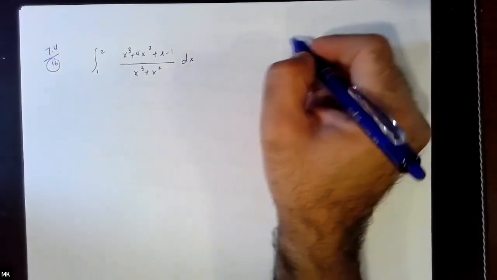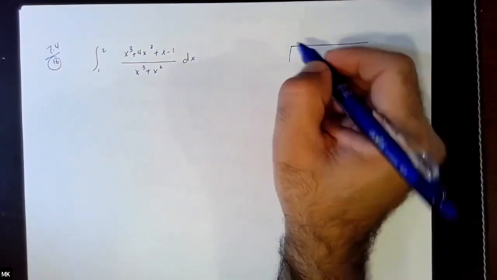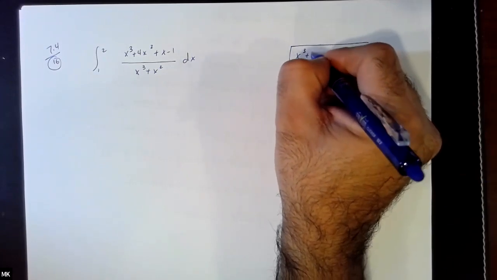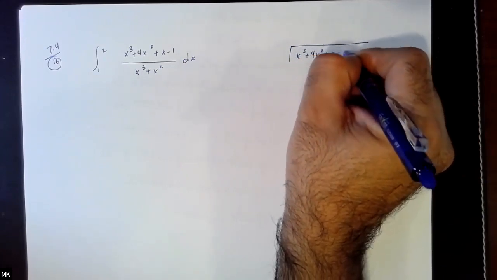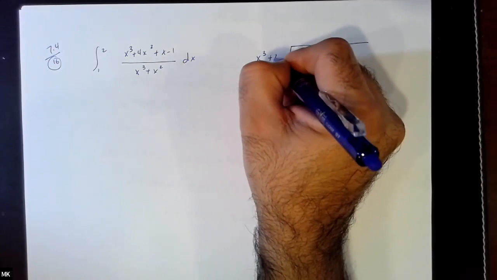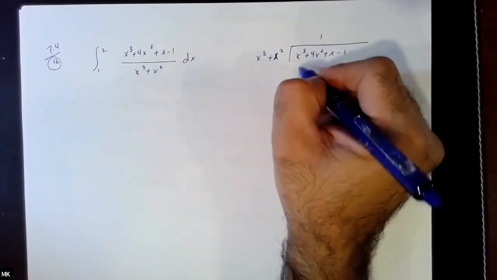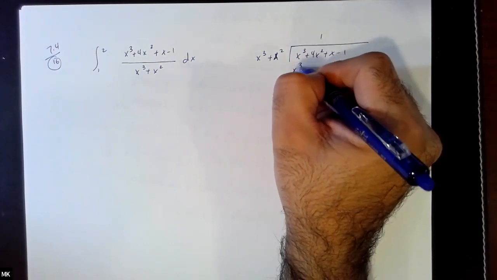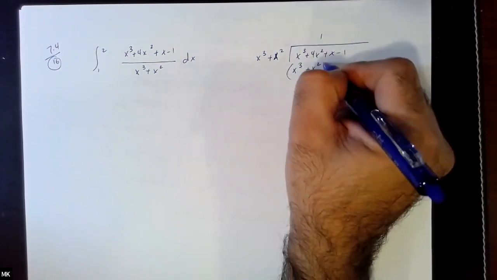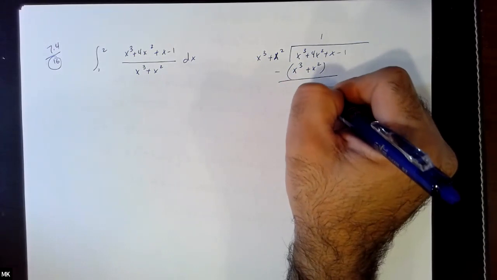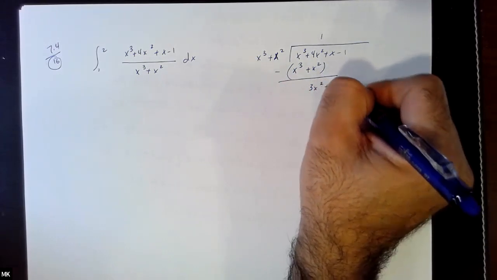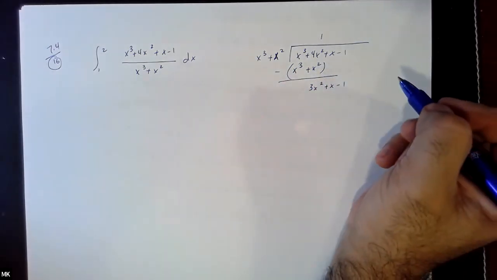So again, we do long division here. x cubed into x cubed how many times? One time. Then subtract. And that's it.